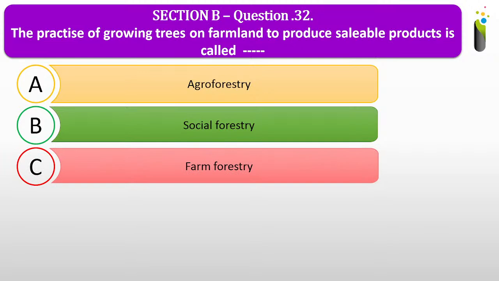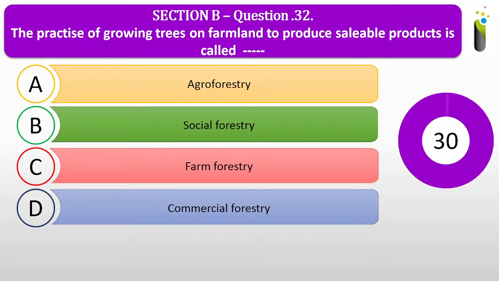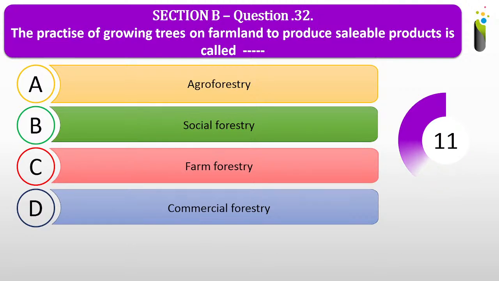C. Farm forestry. D. Commercial forestry. So, the practice of growing trees on farmland to produce saleable products is called as dash. What should be the answer for this? And your time starts now. What should the process be called?